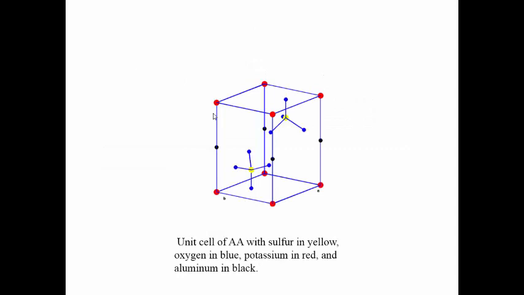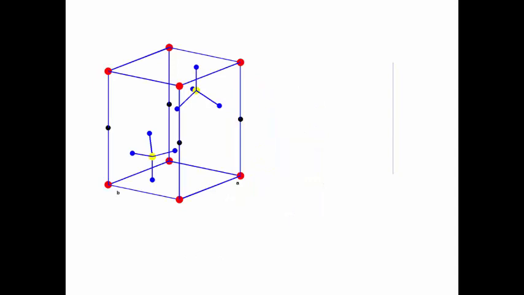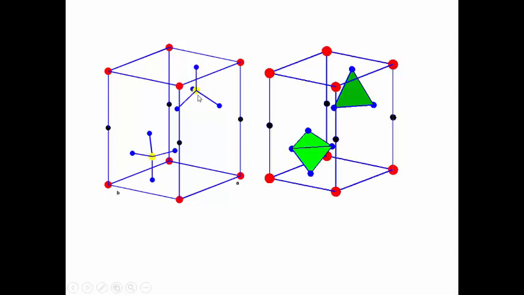Now, when you assemble the anhydrous alum, you're going to get something like this. It's the same diagram. You're going to have 2 sulfur groups.